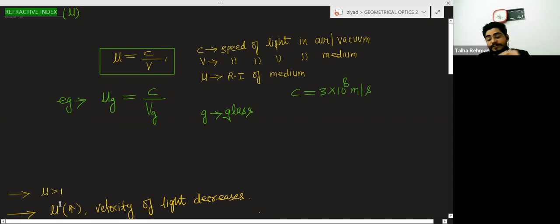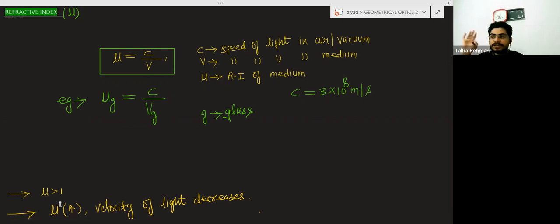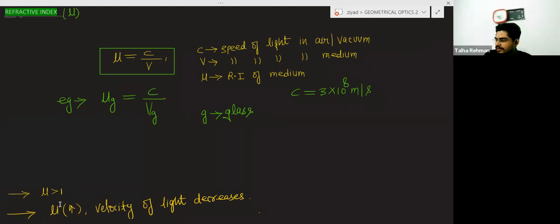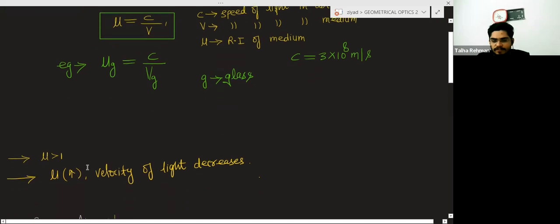When the refractive index is increasing, between two media, the one with the higher refractive index is the relatively denser medium. So if the refractive index is increasing, the medium becomes denser, and if the medium becomes denser, the speed of light decreases.